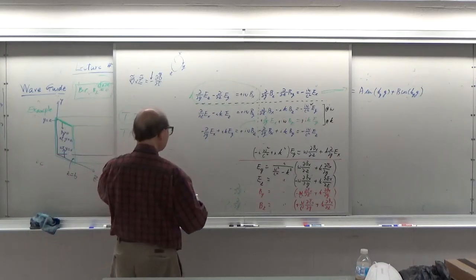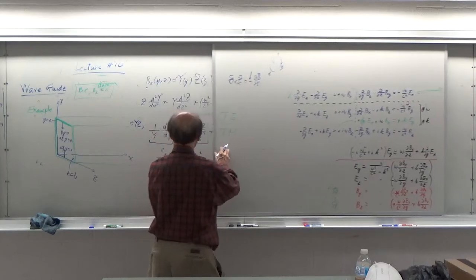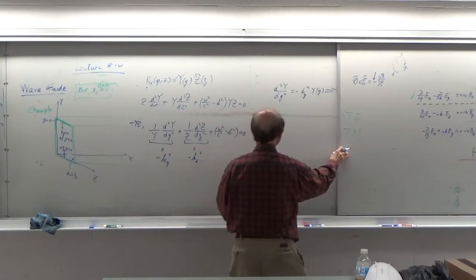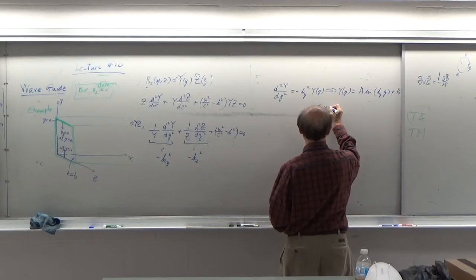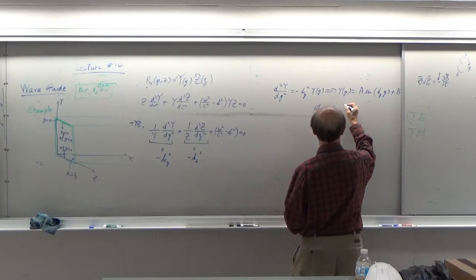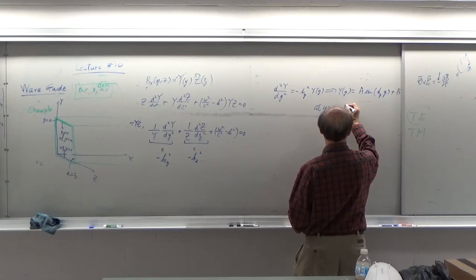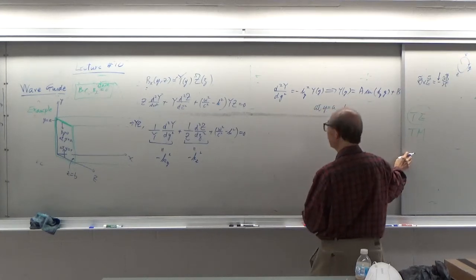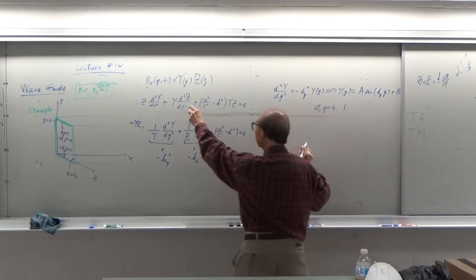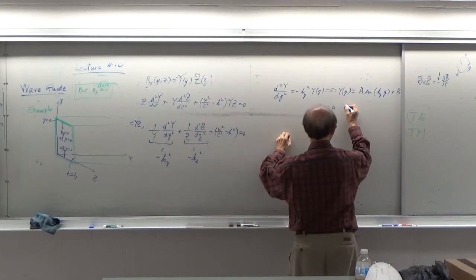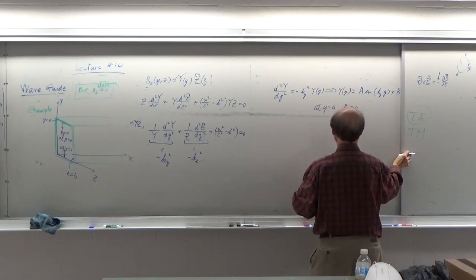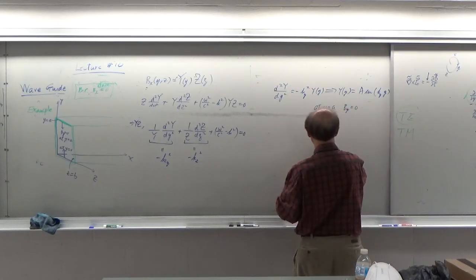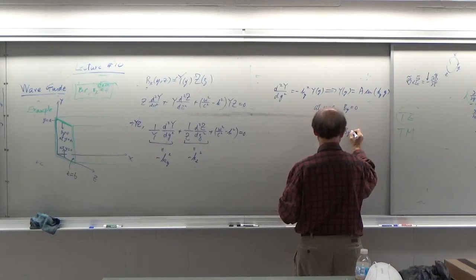At y equals a, By equals 0, and then I consider the case that y equals 0, By is also 0.